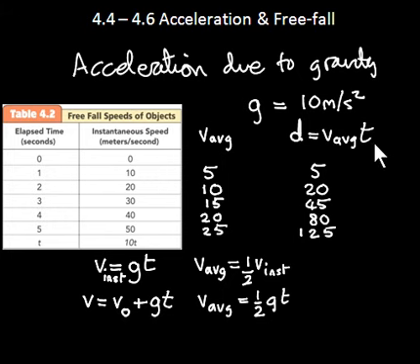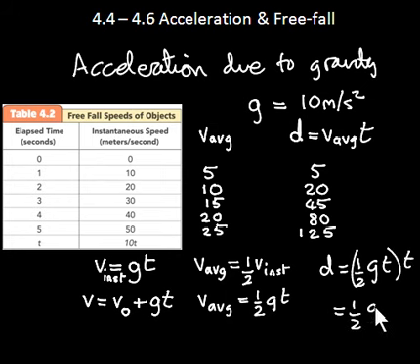But average speed times time, if we look down here, the average speed is 1/2 gt. So if d is the v average times t, then it's going to be 1/2 of gt, all multiplied by t, which simplifies to 1/2 g t squared.